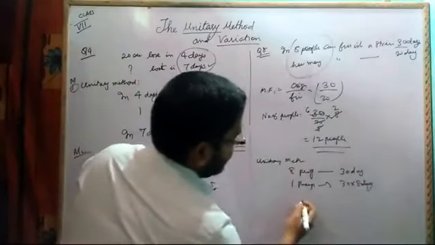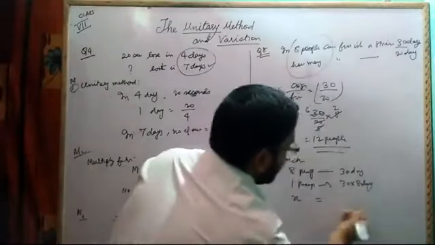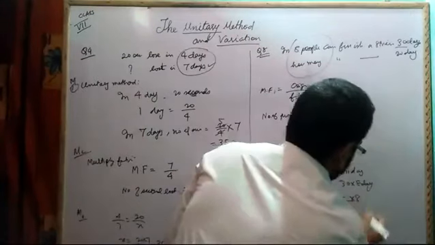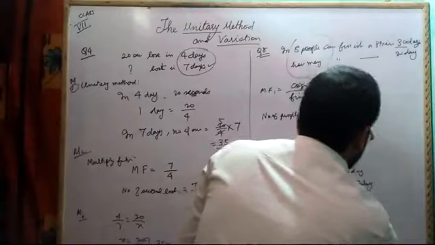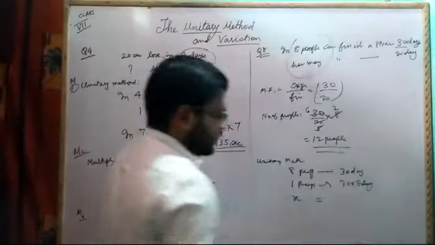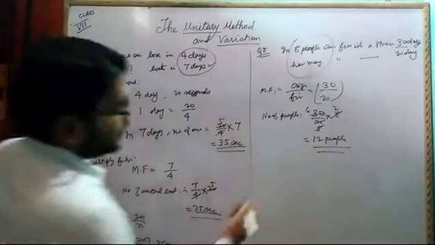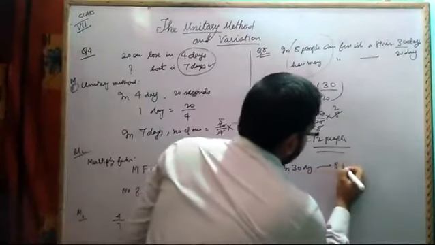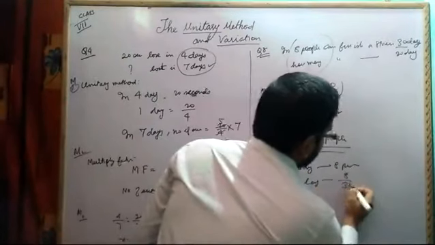We want x number of people, so x will be equal to 20 by 30 into 8. 8 people in 30 days, 1 person in how many days? 8 people consume in 1 day 8 by 30.